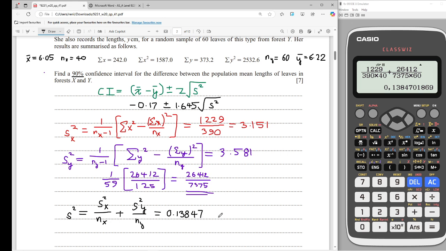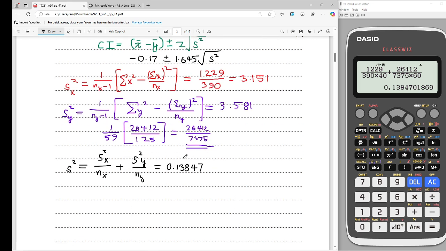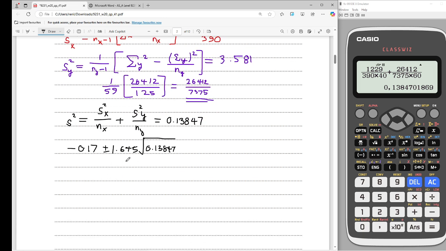Okay, now that we have S2, we can plug in all our values into the final equation. So we get negative 0.17 plus or minus 1.645 root of 0.13847. And now let's just calculate this part of the answer.